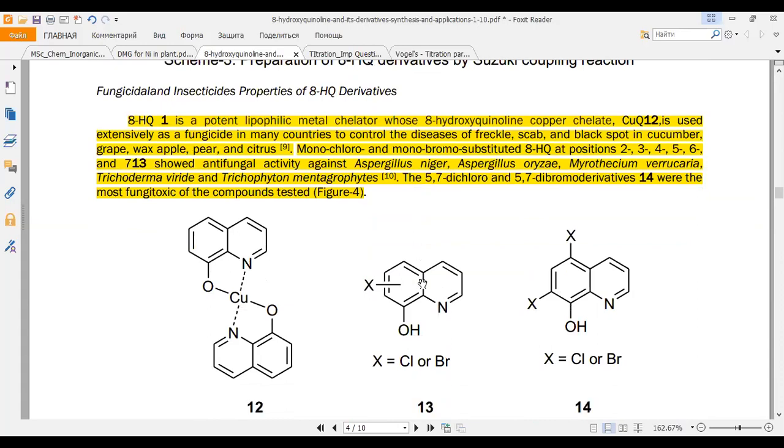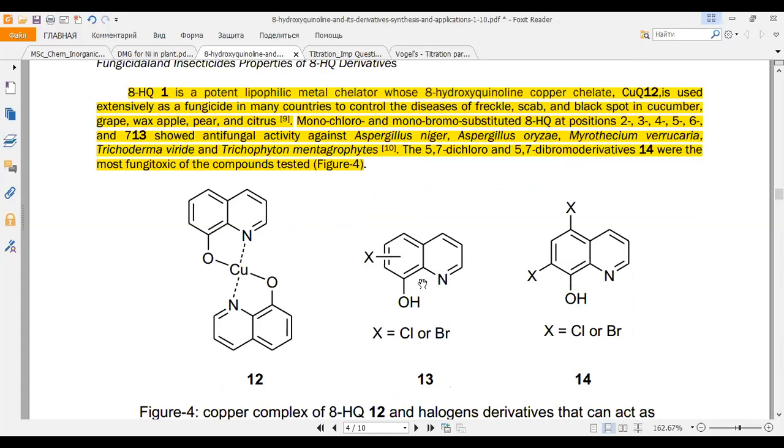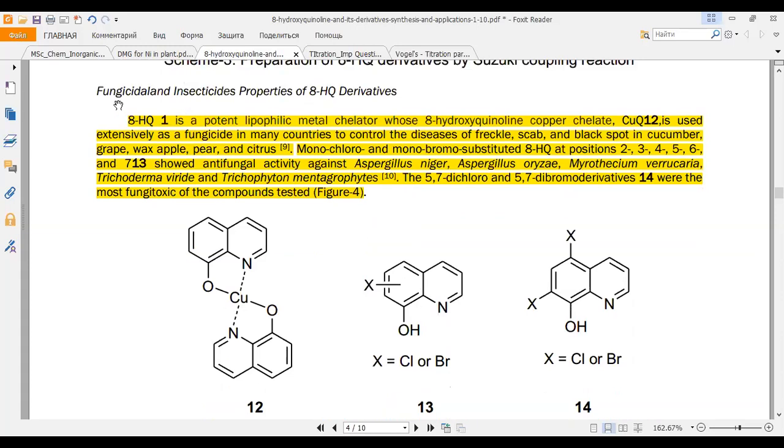Okay, so now we are going into the applications. 8-hydroxyquinoline can be used as a fungicide and insecticide. It's a potent lipophilic metal chelator whose 8-hydroxyquinoline copper chelate is used extensively as a fungicide.